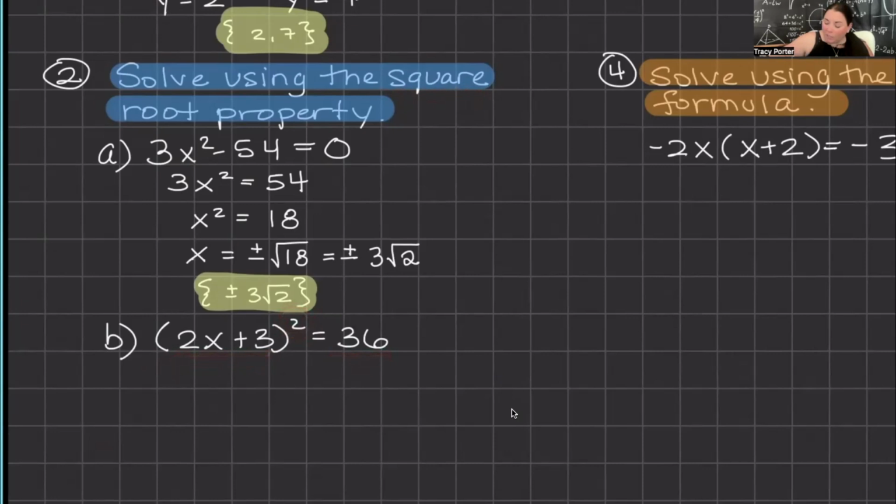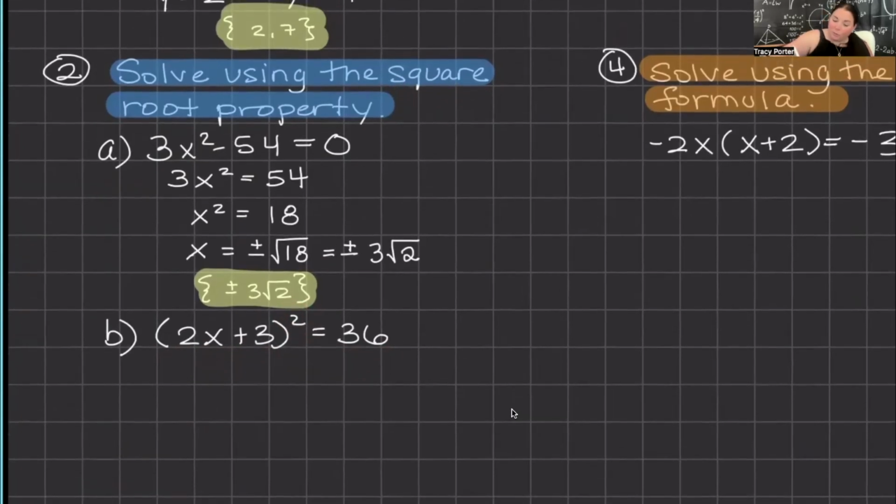And so we can go straight to the square root property and say that 2x plus 3 is going to be plus or minus the square root of 36. And then now you just finish solving this for x. So square root of 36 is 6. So we have 2x plus 3 is plus or minus 6. We are going to subtract 3.